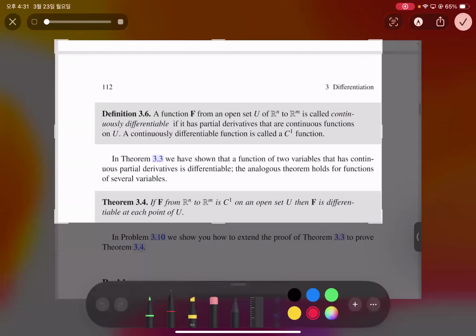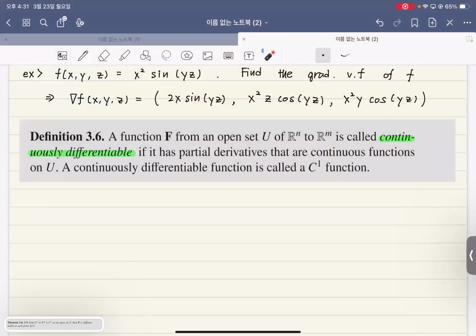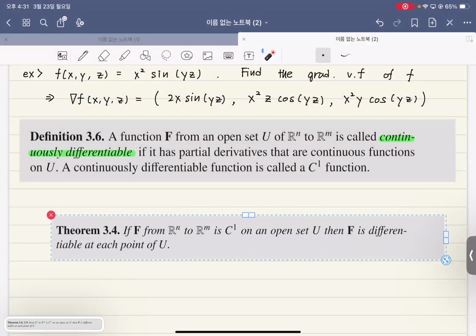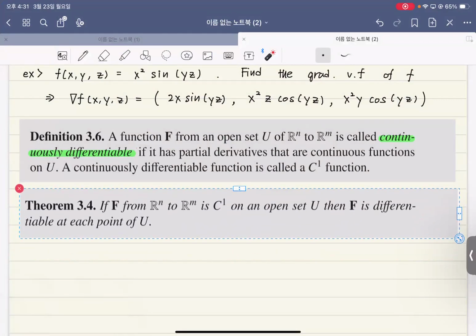If your function is continuously differentiable, then your function f is automatically differentiable at any point on the domain. We are not going to prove this, so let us take it.